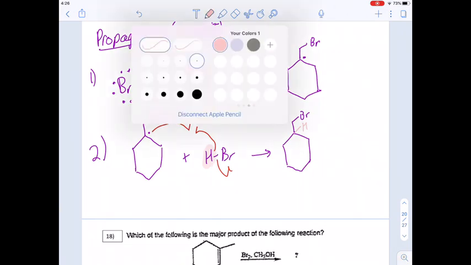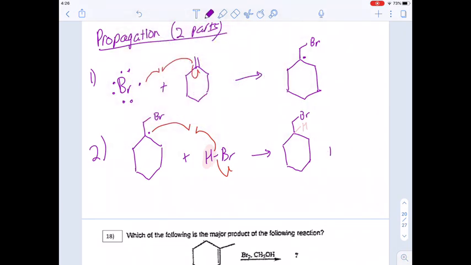So you'll end up with this, where the H has now come and bonded here, that being this H, and then you'll have the Br radical. My lone pairs are really looking nice today.